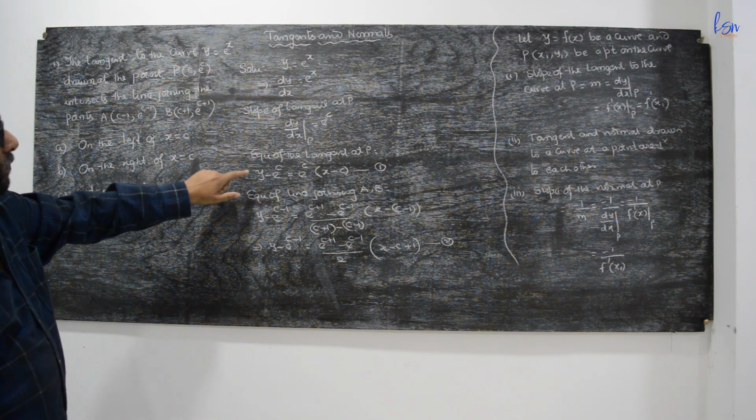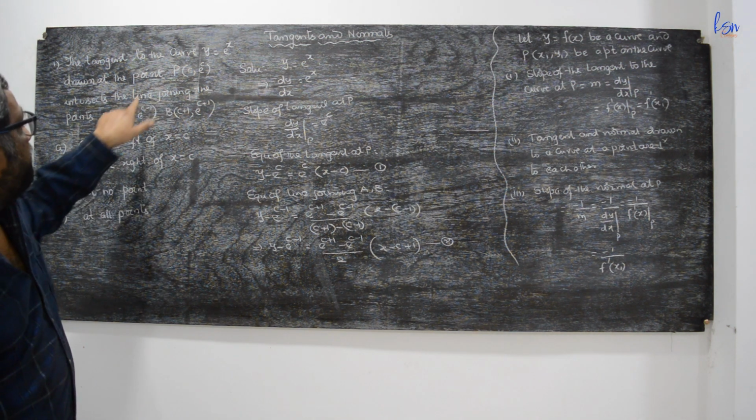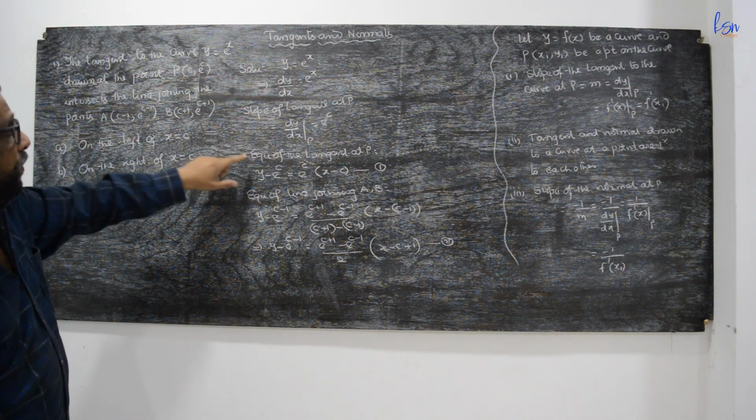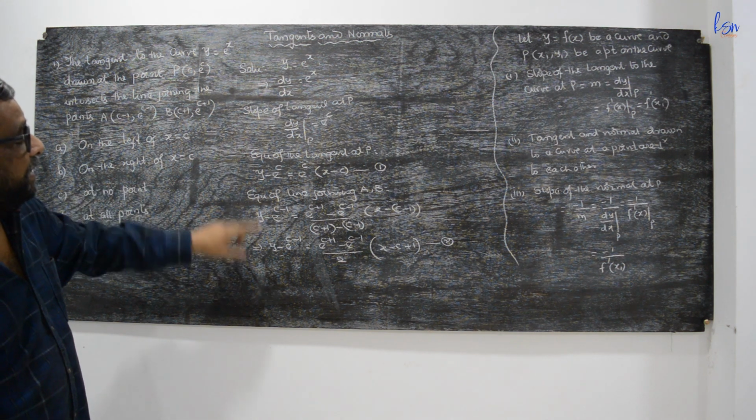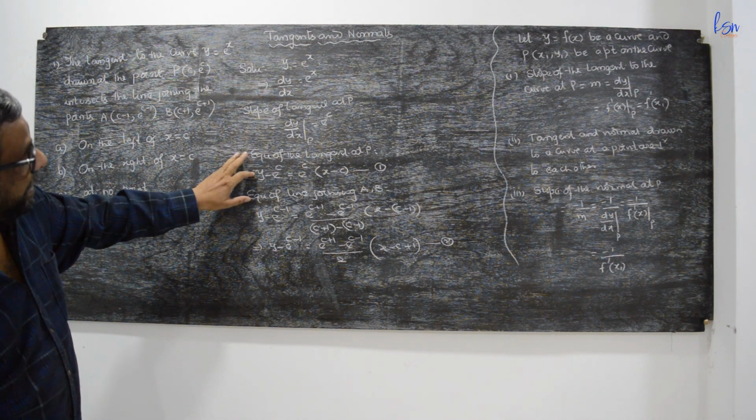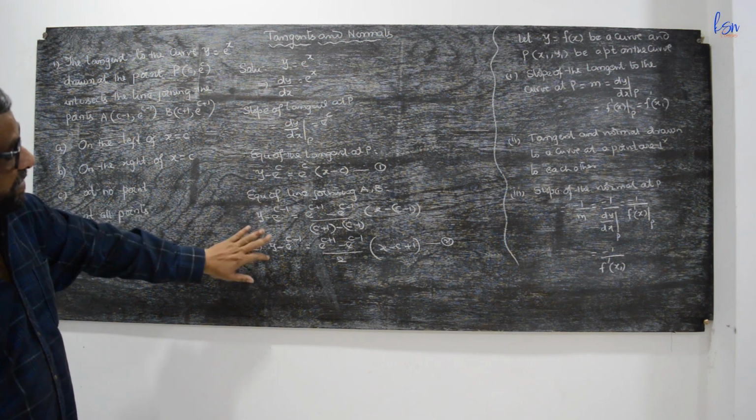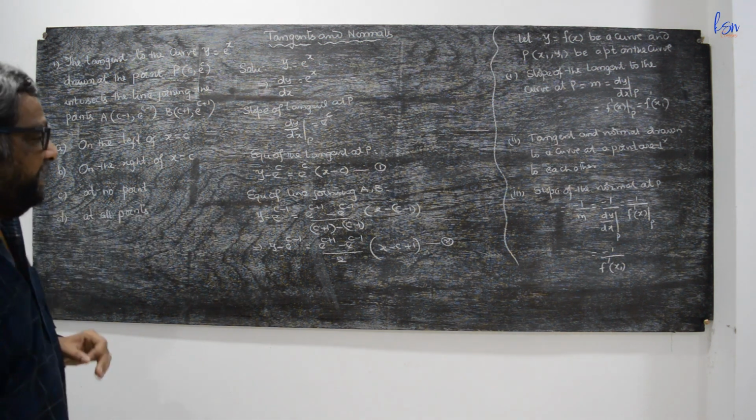Now the point of intersection is needed. We will solve these two equations. By eliminating y from these two equations, we will get the value of x.